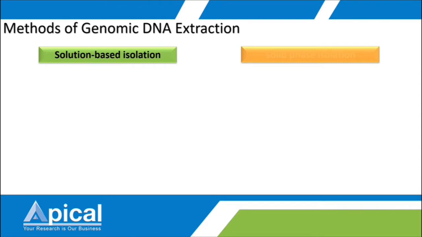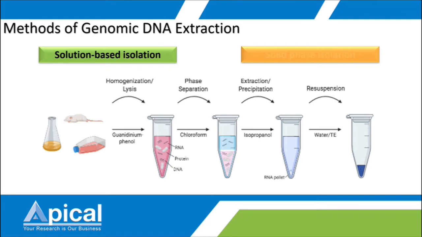So for the principle of solution-based isolation, for example, the phenol-chloroform isoamyl alcohol method, it involves first the lysis of the cell, then there will be a phase separation to separate the DNA, RNA and protein in the cell into different phases. This is performed by mixing the cell lysate with the phenol-chloroform in the ratio of 1:1.